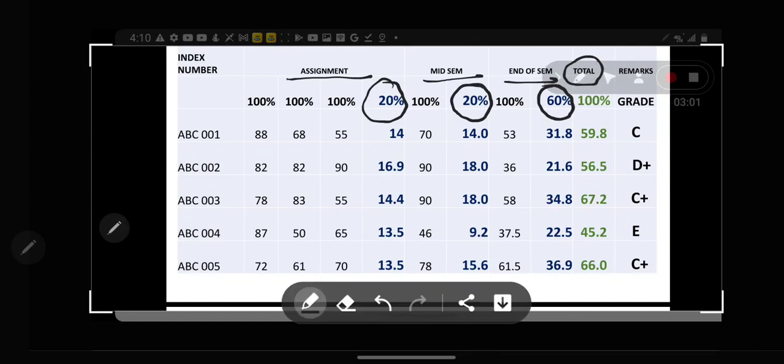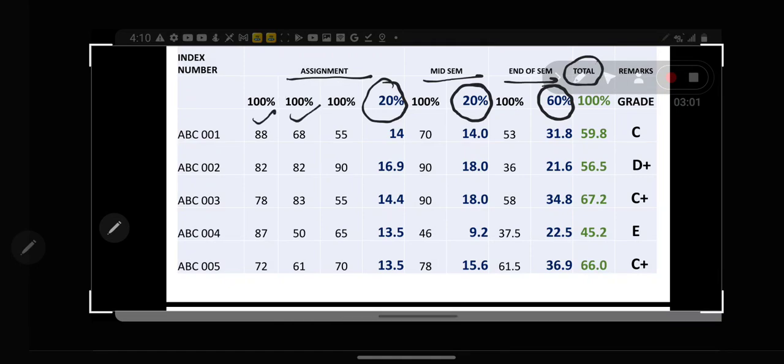So whatever score you get in the assignments, it is averaged to 20%. In this grading system I'm using as an example, we have 3 assignments conducted this semester.